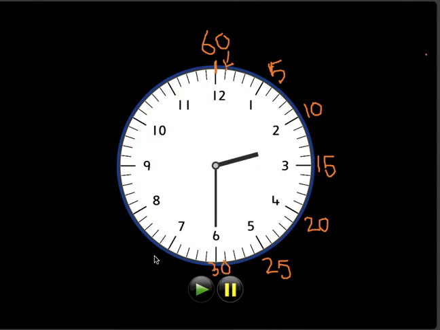What are 7 steps of 5? 35. 8 steps. 40. 35, 40. 45. 45 plus 5 is 50.